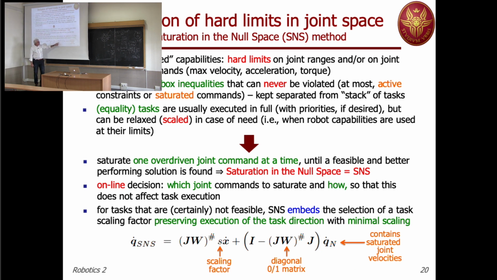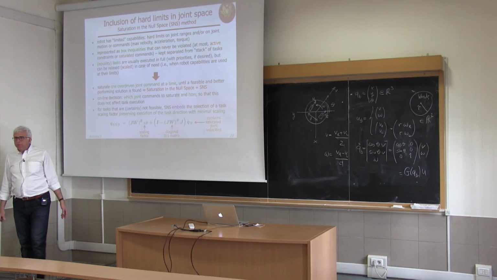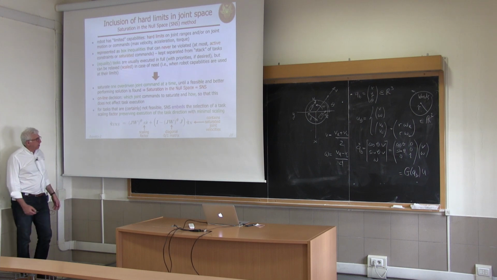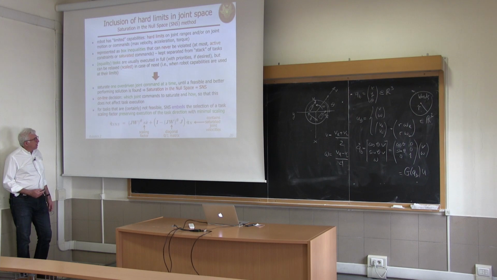You have the original Jacobian here, but here you have the Jacobian multiplied by this selection matrix, and we will see how this works. Essentially, again, it's the one that takes into account which are the saturated joints and which are not. And each time we saturate a joint, we'll choose the null space vector by fixing the saturated joints at their maximum or minimum value in this box constraint. So this is the general formula. We'll see how to get there with an algorithm.